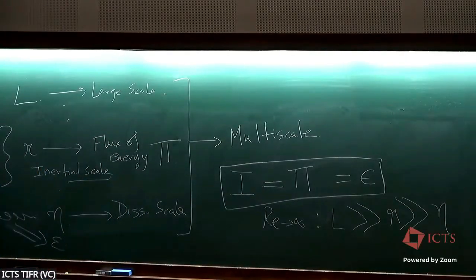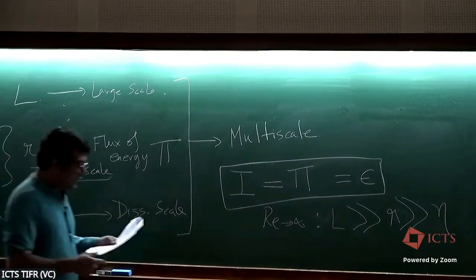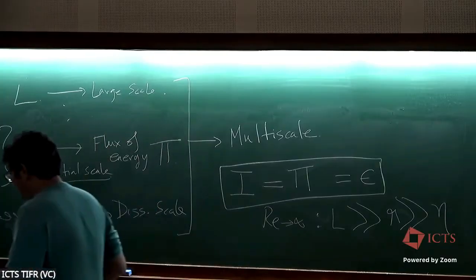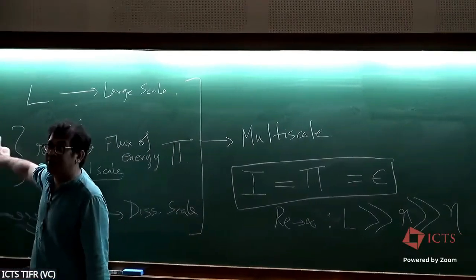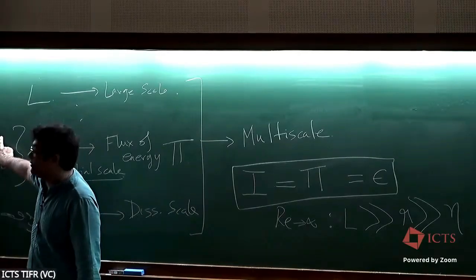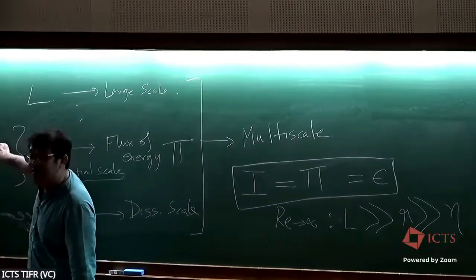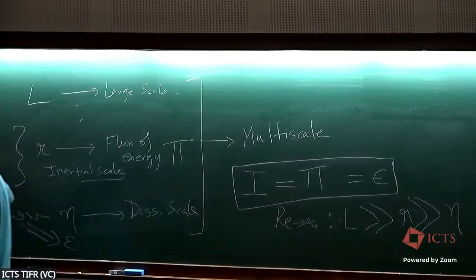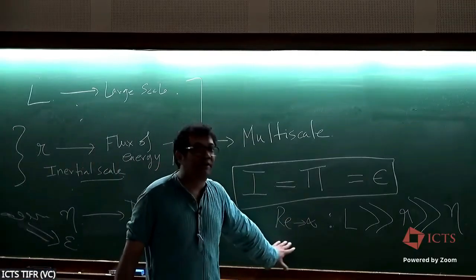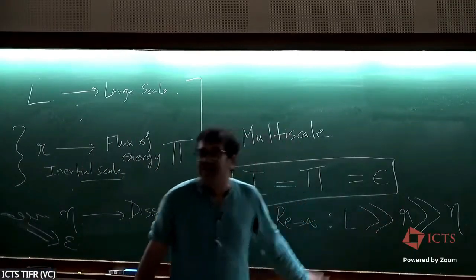So what's the claim? What are we going to prove with this? The claim that we are going to make is that the physics of this inertial range, and that's the physics that we'll worry about in the next 3 days, is going to be universal, and it will not really depend on whether you're performing your experiments with air, water, or honey, as long as you have cranked up, God knows how, the Reynolds number to be large enough so that there is enough scale separation.